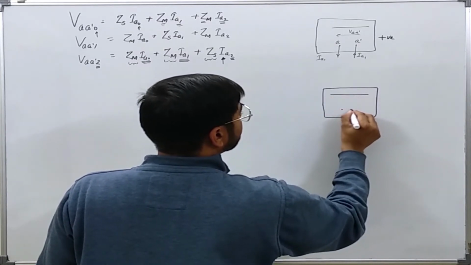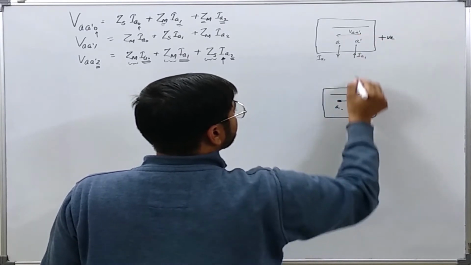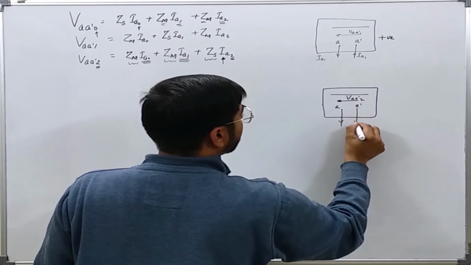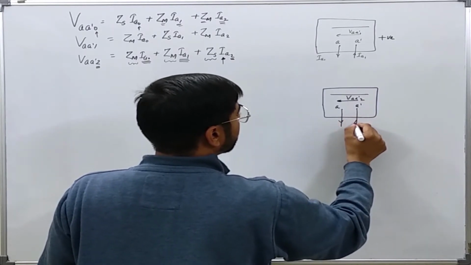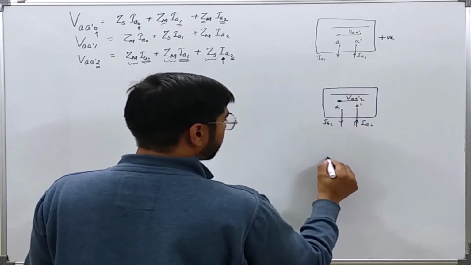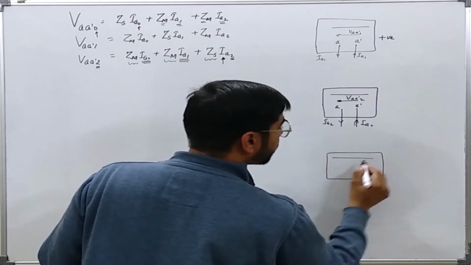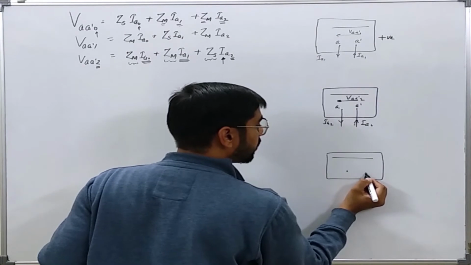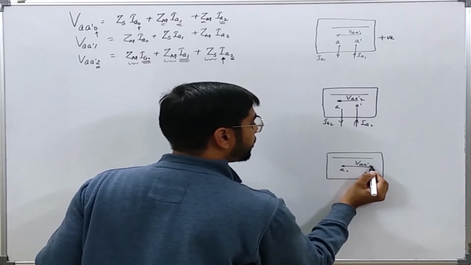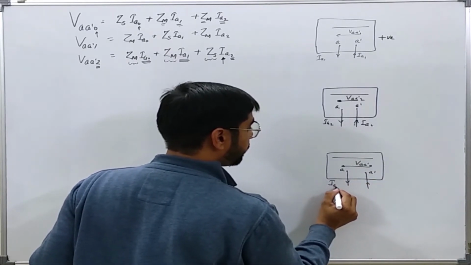This is the reference A dash, VA dash 2, this is current IA2. This is the reference for zero sequence A dash, this is voltage drop VA dash 0, this is current IA0.